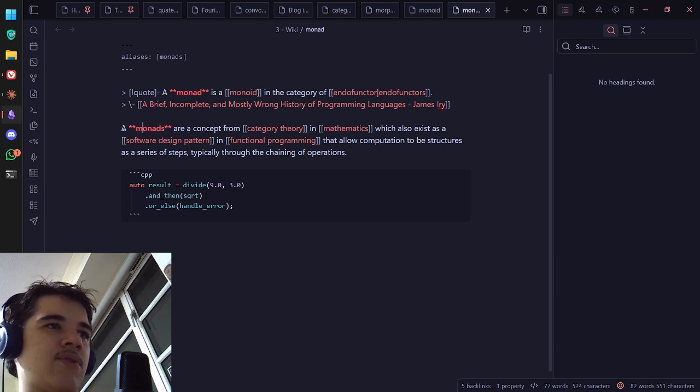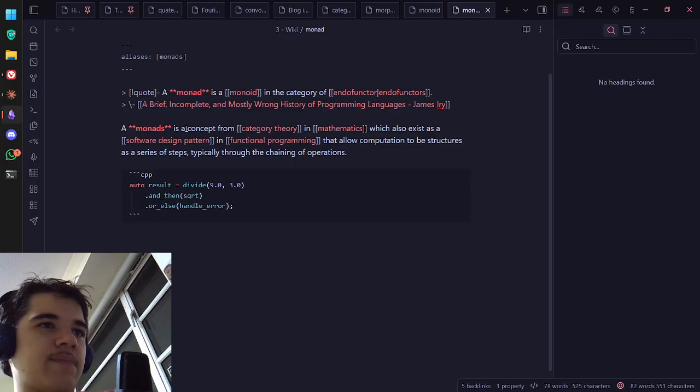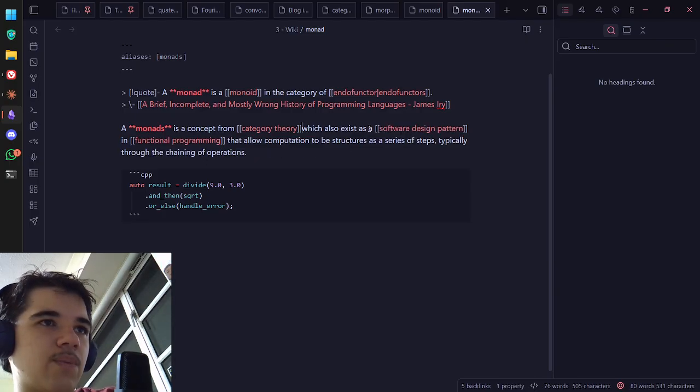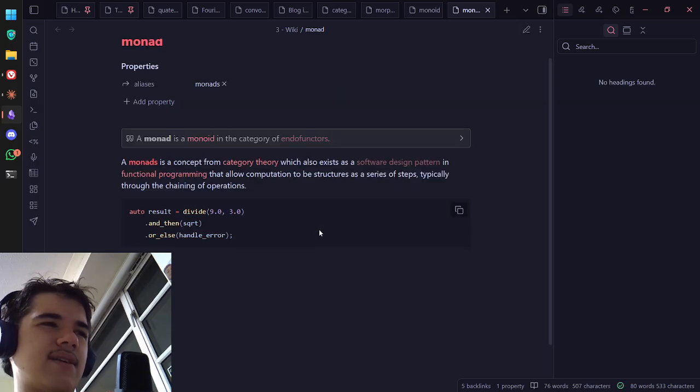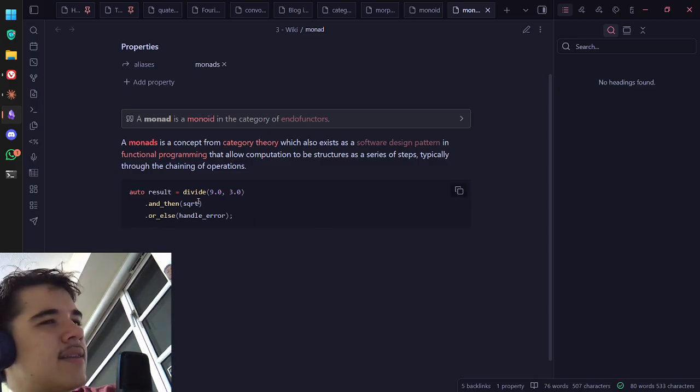A monad is a concept from category theory, which also exists as a software design pattern in functional programming that allows computation to be structured as a series of steps. Okay, yeah, this is a monoid, I believe.